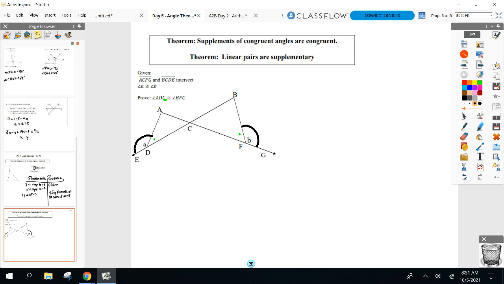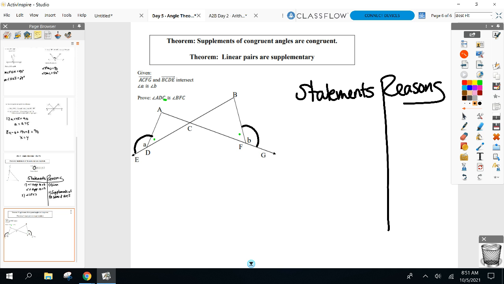Okay, there's a little bit more to this proof, though. I wish it was 2 steps. So let's get our givens in.